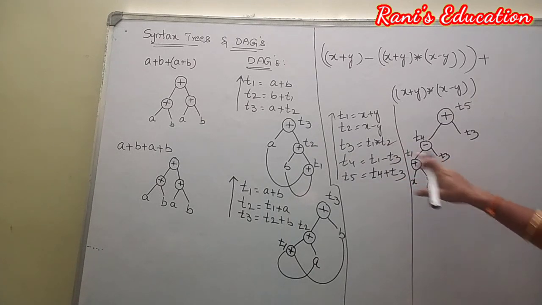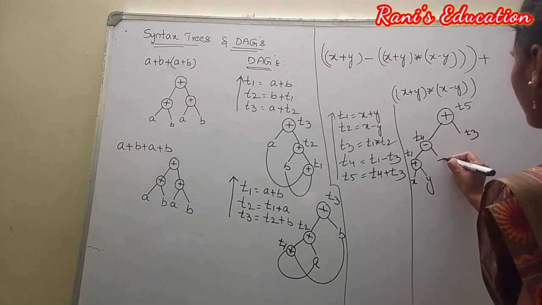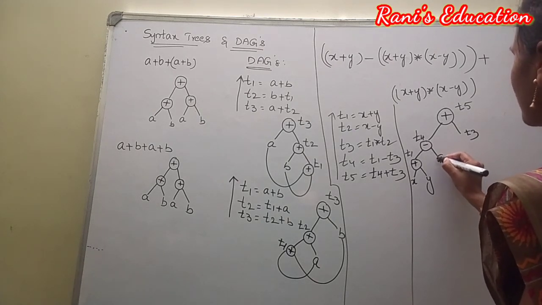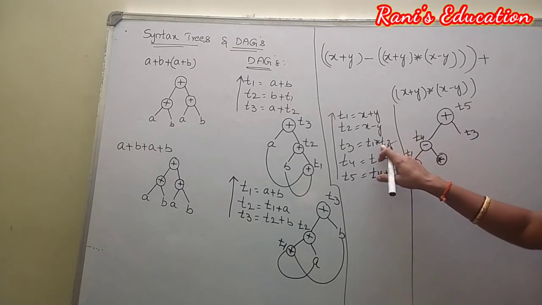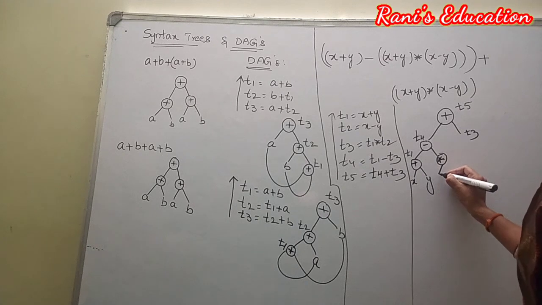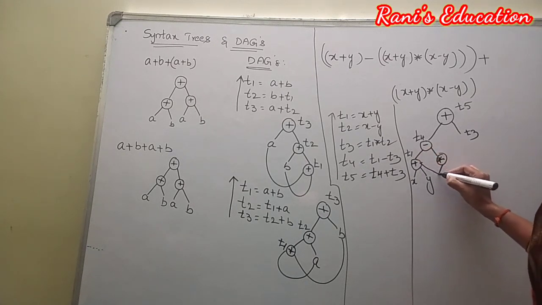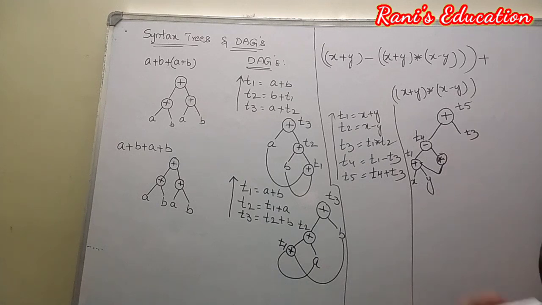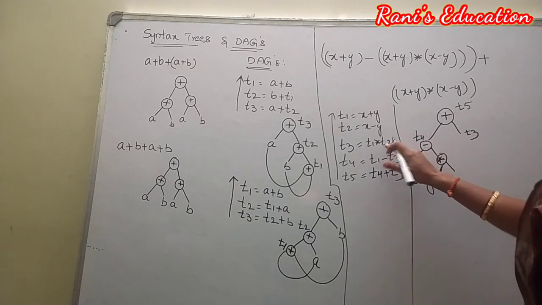Now go for this. What is T3 here? T3 is T1 into T2. So here operator is asterisk. Then go for T1. This node is considered as T1, and go for T2. What is T2 here?